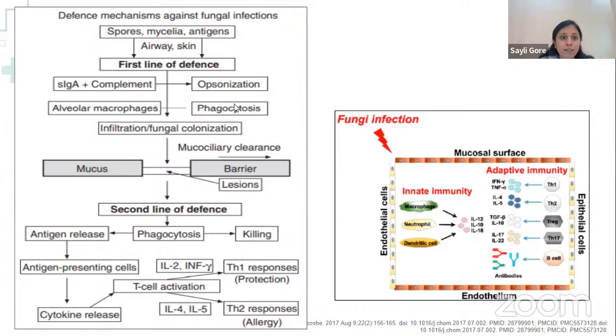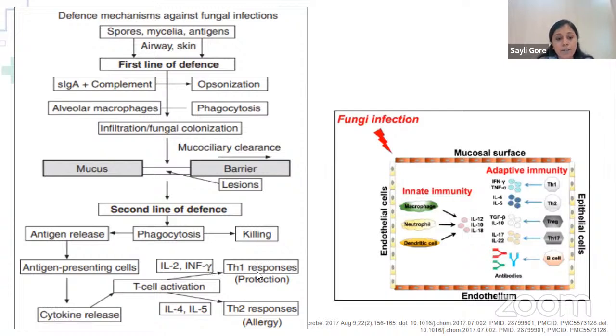So this is the basic first line defense mechanism that all of us go through, and this is enough to clear the fungal colonies. But if there is a breach in the mucus barrier, or if the inoculum of the fungal organisms is very high, or if there is increased exposure to the fungal organisms, then the second line defense, that is the adaptive immunity, gets activated, where T helper cell 1 and 2 produce a response by activating interleukin 2 and interferon.